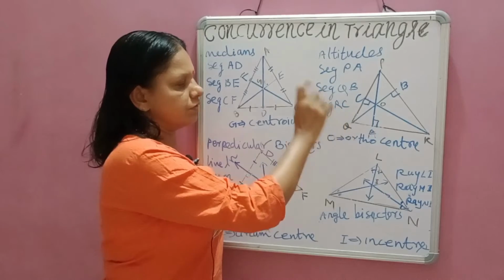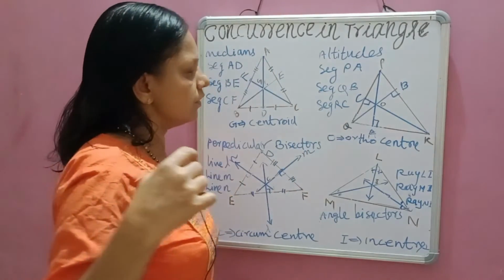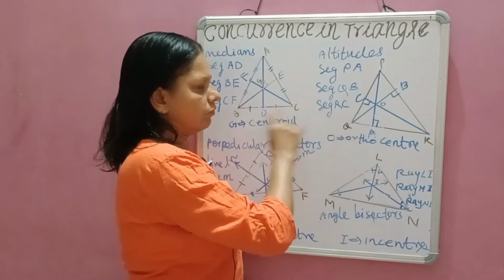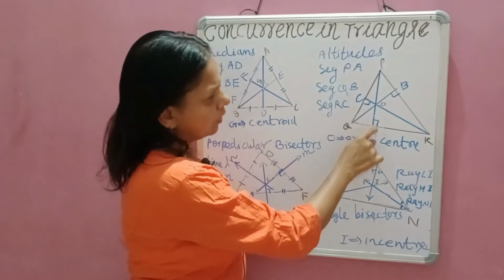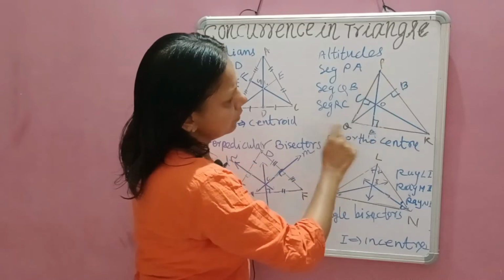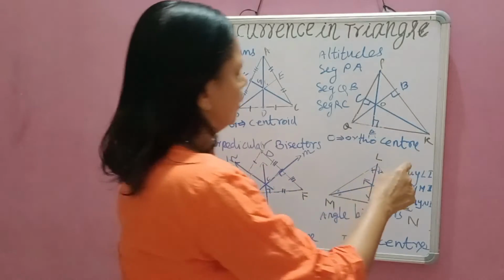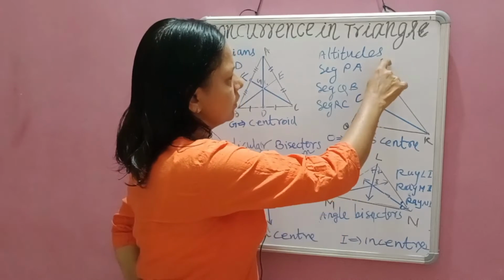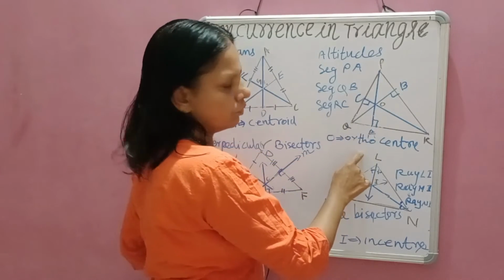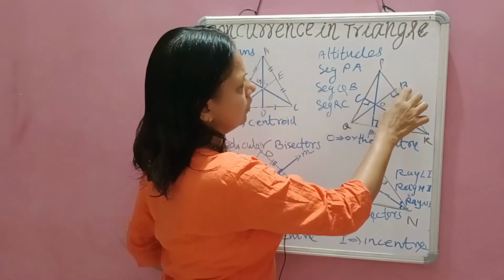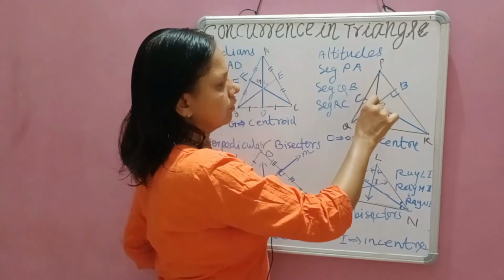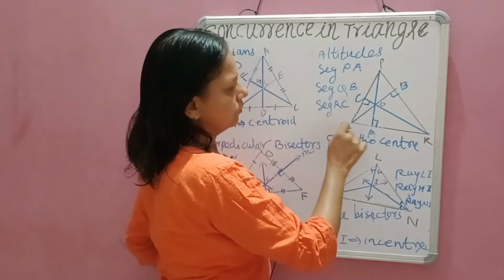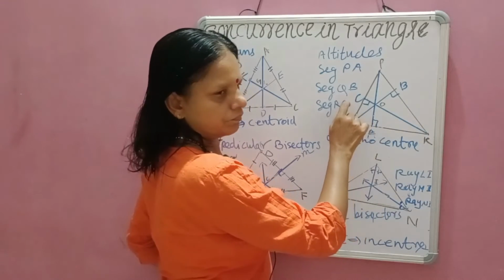Now come to the next figure. Here also you can see three segments from the side and opposite vertex. But what is the difference here? It is triangle PQR and PA is a segment drawn from the vertex P to the side QR. QB is the segment drawn to the side PR from the vertex Q. Like that RC.